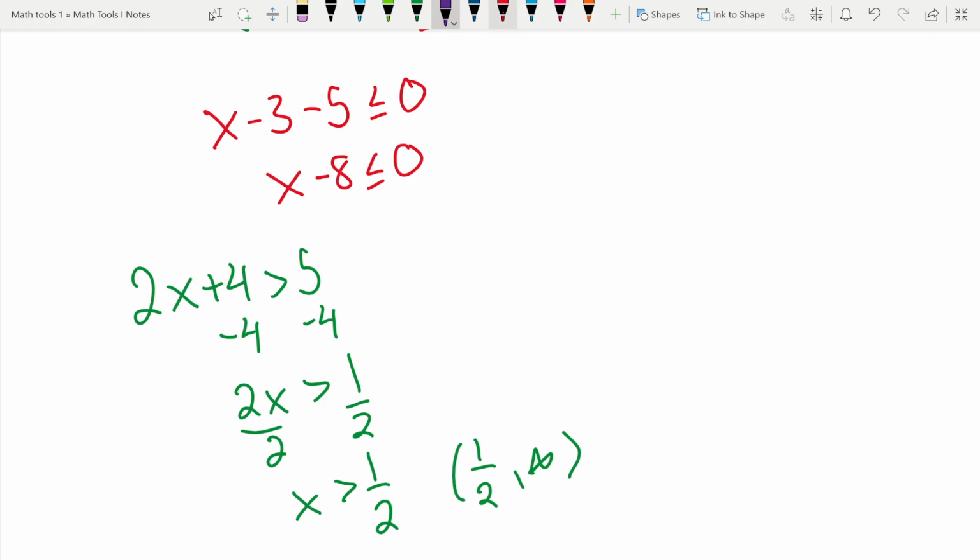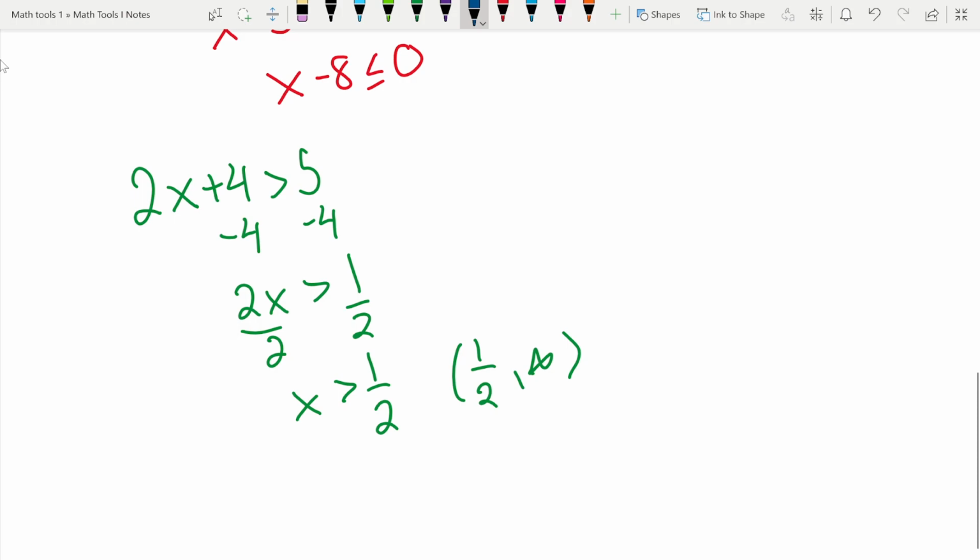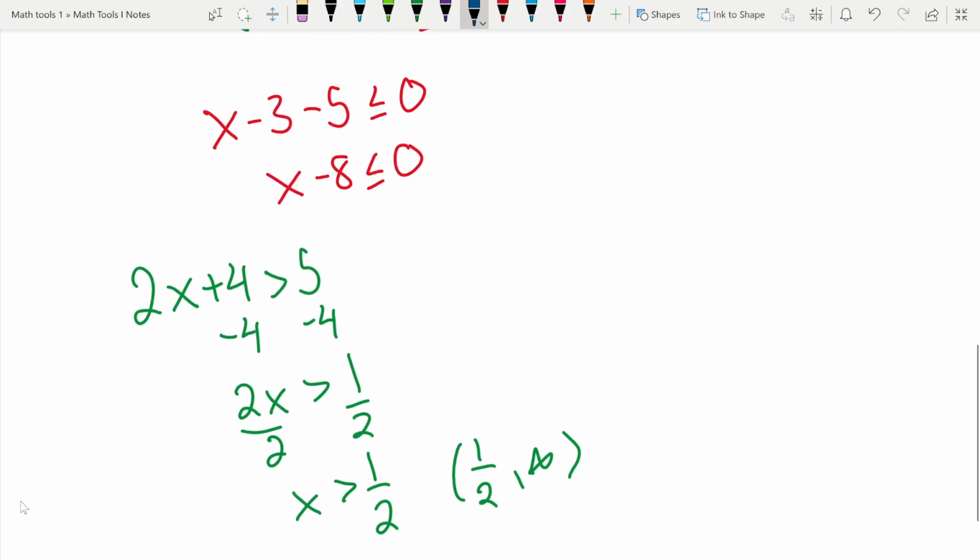Now we do have to really pay attention to when we have a negative on the coefficient of the x. Let me use the space over here. Let's just think about negative x is greater than or equal to 0. Then that means that the x values must be negative, right?